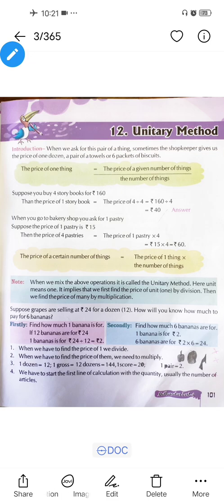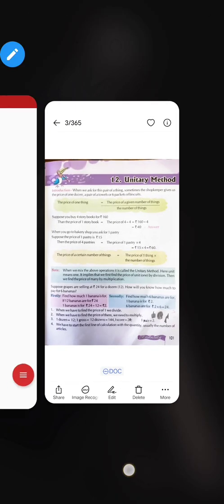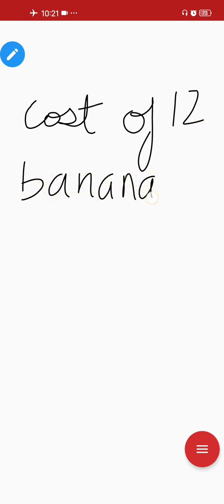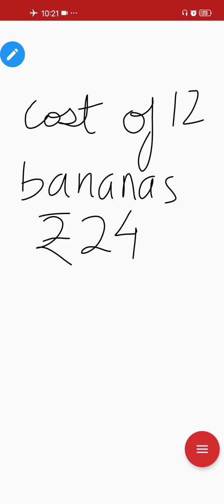In the question it is given that the cost of 12 bananas is rupees 24. Why 12?